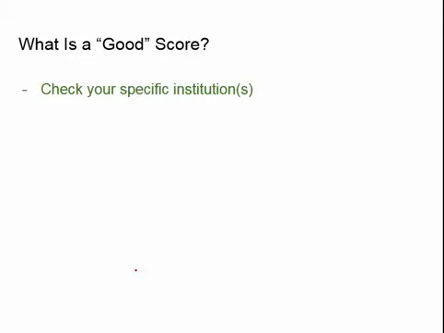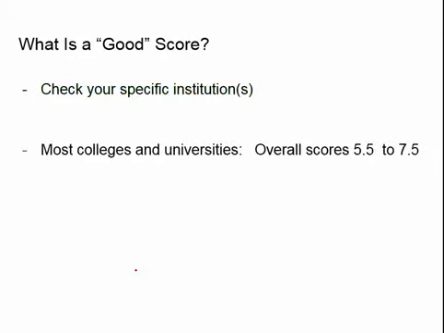So check your specific institutions. That's very, very important. But if we're looking at colleges and universities, a score of 5.5 to 7.5 is usually considered a good score, and most academic institutions will set their minimum scores somewhere in that range.